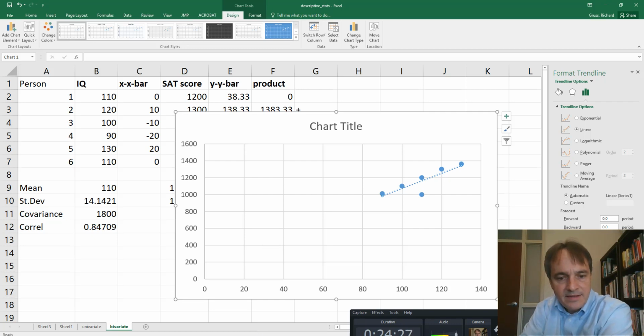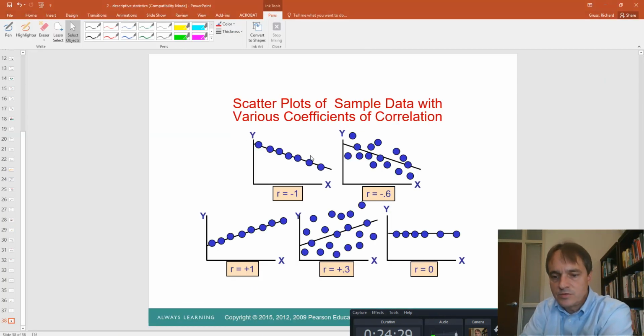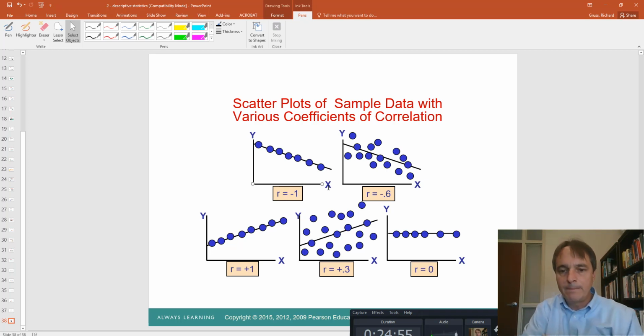This slide gives you what a scatter plot would look like for a number of different correlation coefficients. If X and Y were perfectly negatively related, that is, if I were to say weight and your weight times -1, that would be a perfectly negative relationship, and you would have a downward sloping line like this, and so your correlation coefficient would be -1.